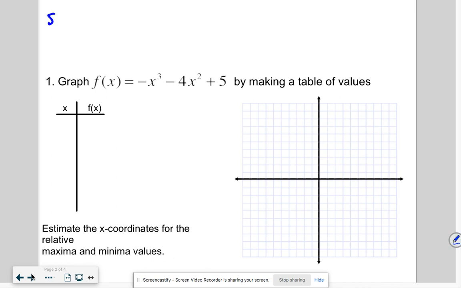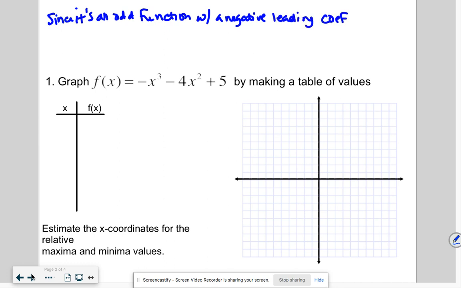So I'm going to write this out. Since it's an odd function with a negative leading coefficient, we know that f of x, the function itself, is going to approach positive infinity as x approaches negative infinity.